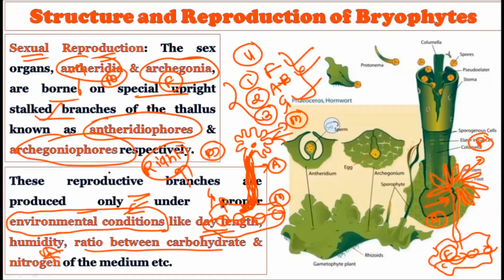That is, what amount of carbohydrate and amount of nitrogen ratio is there. Depending upon all these factors, these bryophytes decide whether to sexually reproduce or not, because optimum environmental conditions should be there in order to reproduce sexually for the Marchantia. So Marchantia sexually creates the antheridia and archegonia as the male sex organ and the female sex organ.